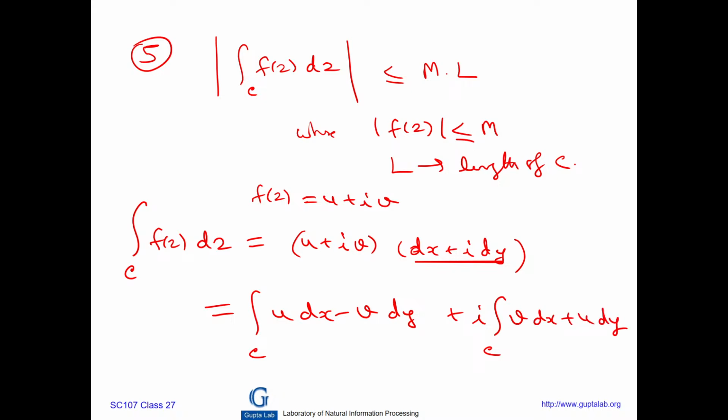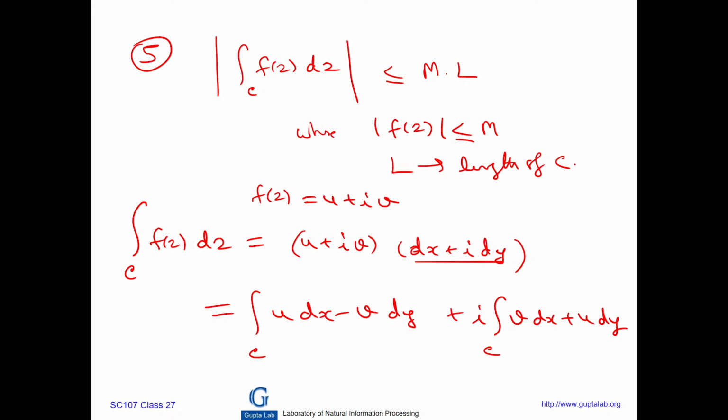So the complex line integral is a combination of real line integrals, of the form p dx plus q dy. We can apply Green's theorem in both cases to find the value.